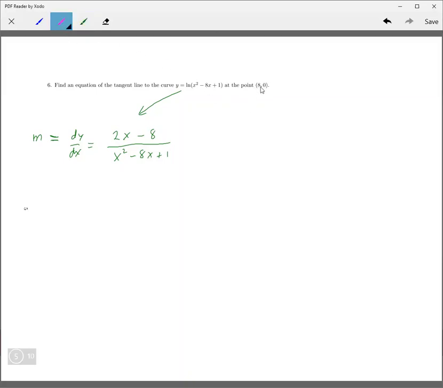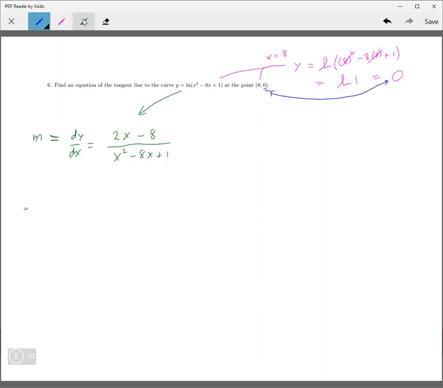Okay, now it's at the point right here. So I always like to double check. You don't have to, but if you put an 8 in for x, those are going to cancel. So there's 64 minus 64, and then you have log 1, which everybody knows is 0. So this checks out at 0.